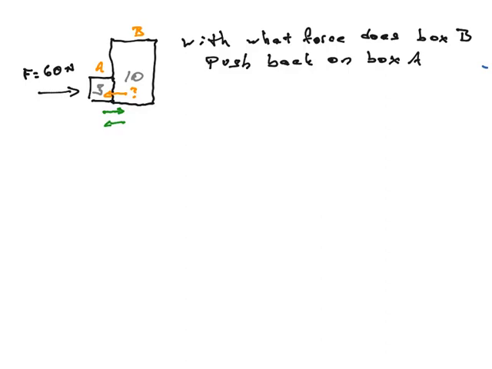So what you can do is say, okay, F equals ma from you pushing on box A. What are you doing? You're applying a force of 60 to something. So that's the force acting on A. What's the mass of the thing you're applying the force to?